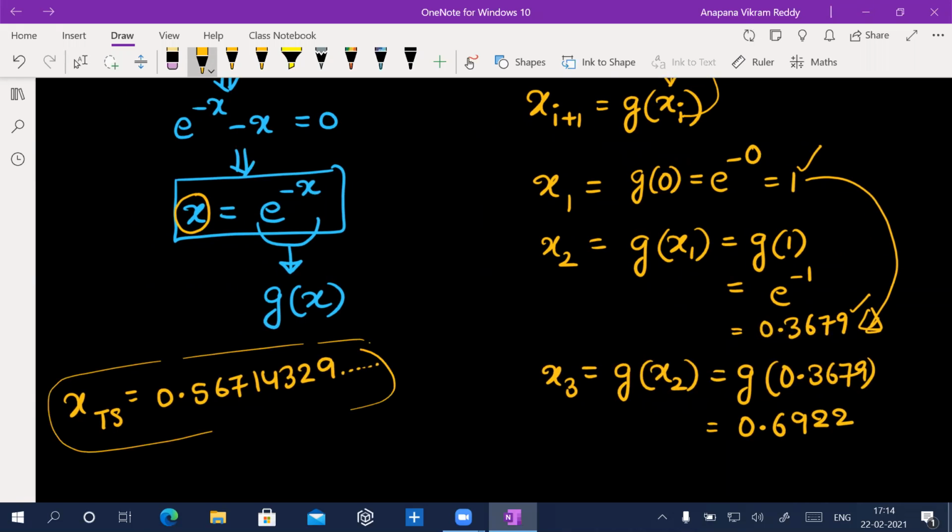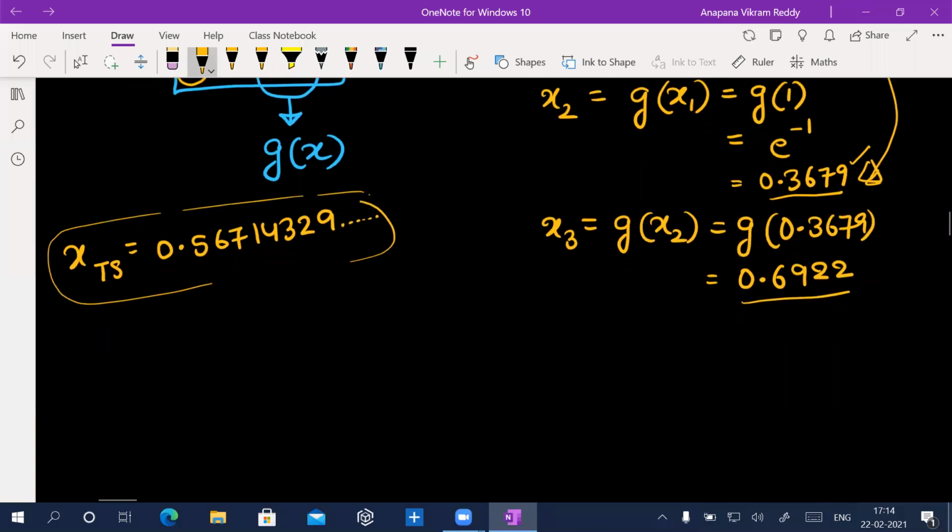So you would think that you are nowhere going to the answer. But still, hold a minute, just go on. Just continue your traveling. So in x3 you found 0.6922. You're again going beyond. So 0.567 is in between 0.3679 and 0.6922. Now we'll find x4.